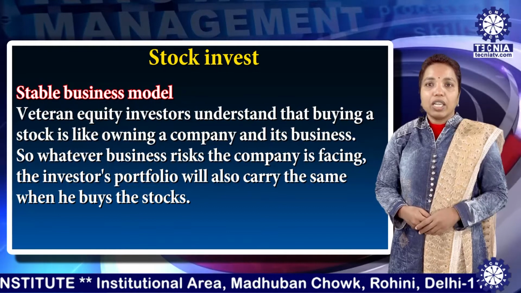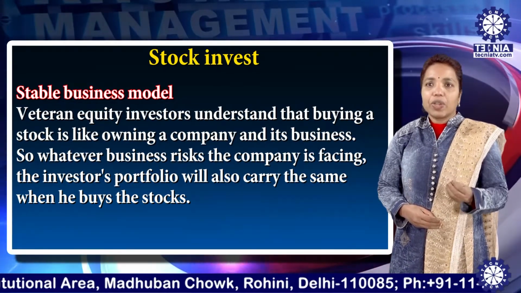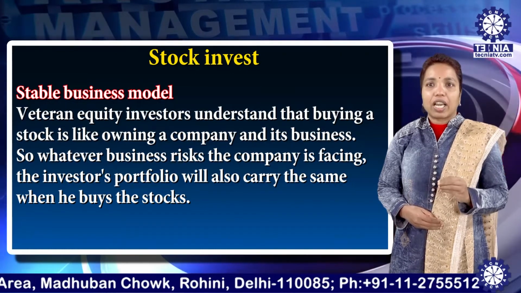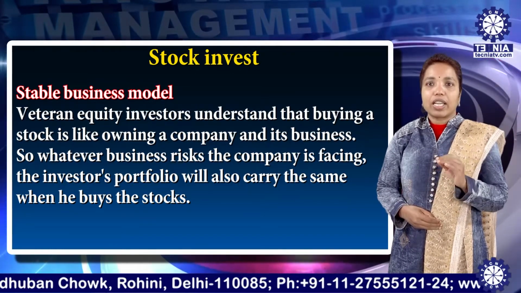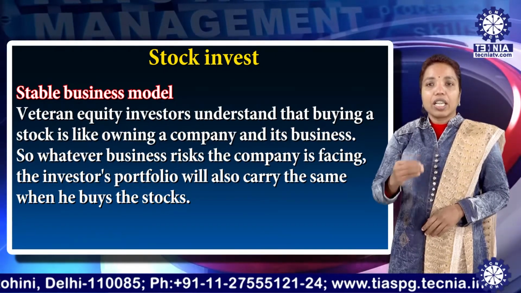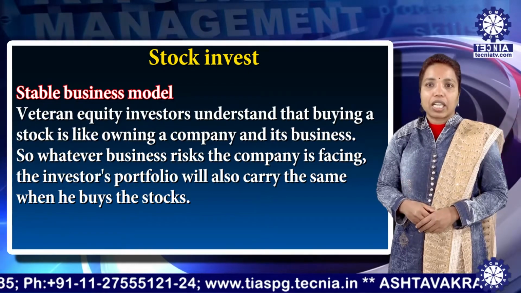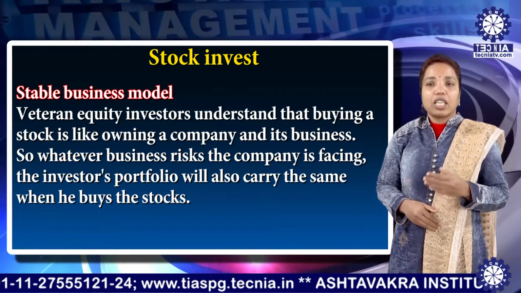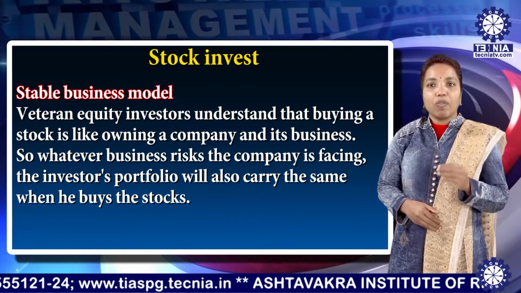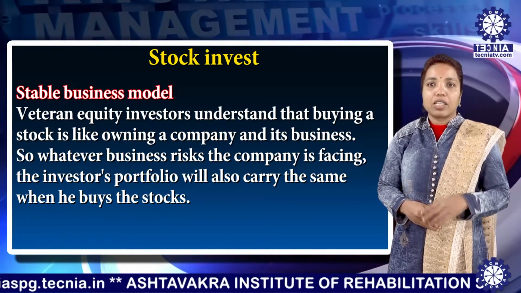Then the second one is a stable business model. Veteran equity investors understand that buying a stock is like owning a company and its business. So, whatever business risks the company is facing, the investor's portfolio will also carry the same when he buys the stocks.